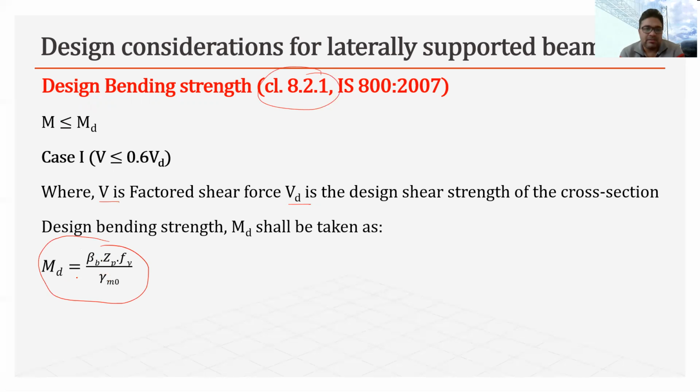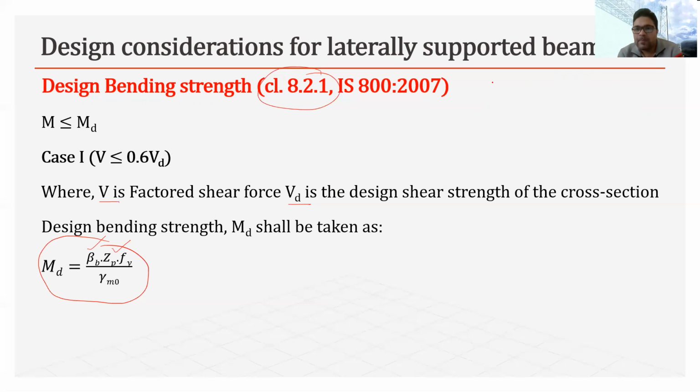In this, MD is equal to beta B into ZP into Fy upon gamma M0. Now what is beta B? We will see that. This is a factor which depends on the type of section, whether the section is plastic, compact or semi-compact. Based on that, the beta B value varies. ZP is the plastic section modulus.